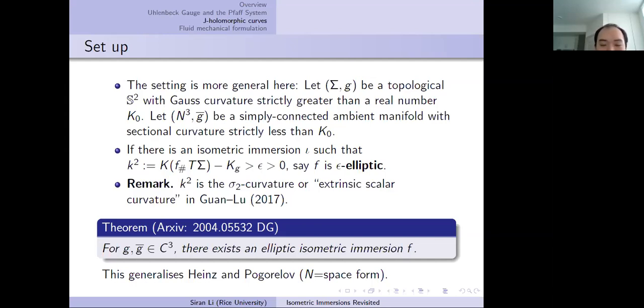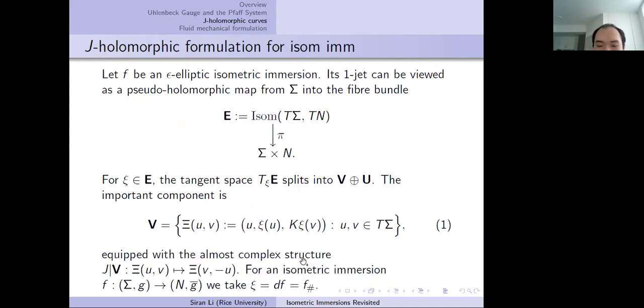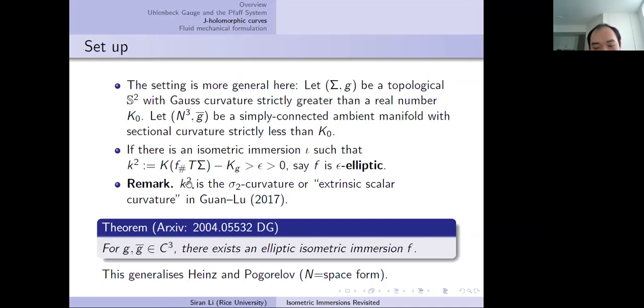Of course, if N3 is just the Euclidean 3-space, this k squared is precisely the Gauss curvature of my Sigma, the topological S2. In the general case, this k squared is called the sigma-2 curvature or the extrinsic scalar curvature, for example, in this nice paper by Pengfei Guan and Suyan Lu.